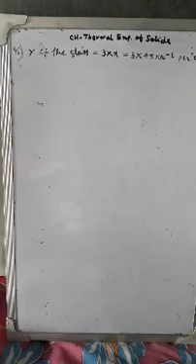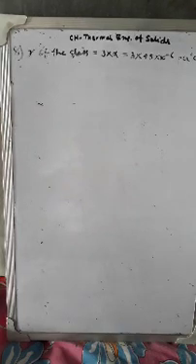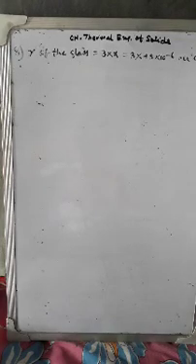Now students, from the definition of this gamma, the 5.00 into 10 to the power minus 4 meter cube is cooled to 0 degree C. Initial temperature is given, that is 35 degree C. Final temperature will become 0 degree C. So what is the change in the temperature?